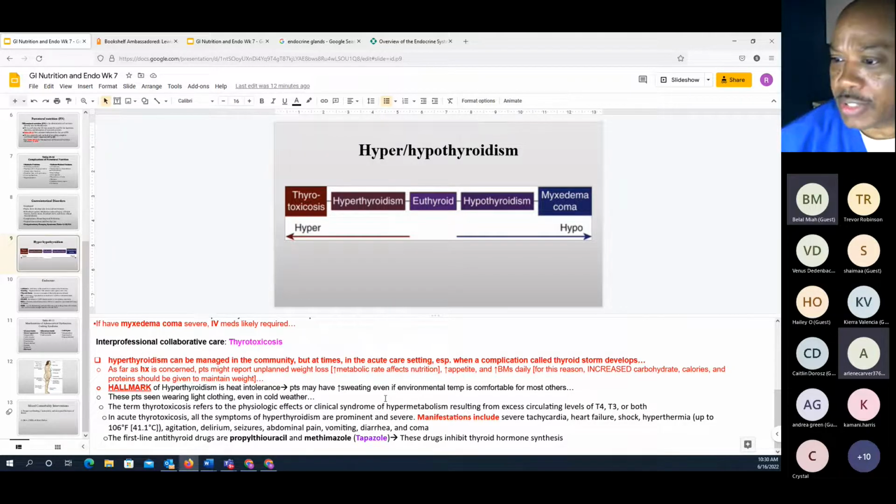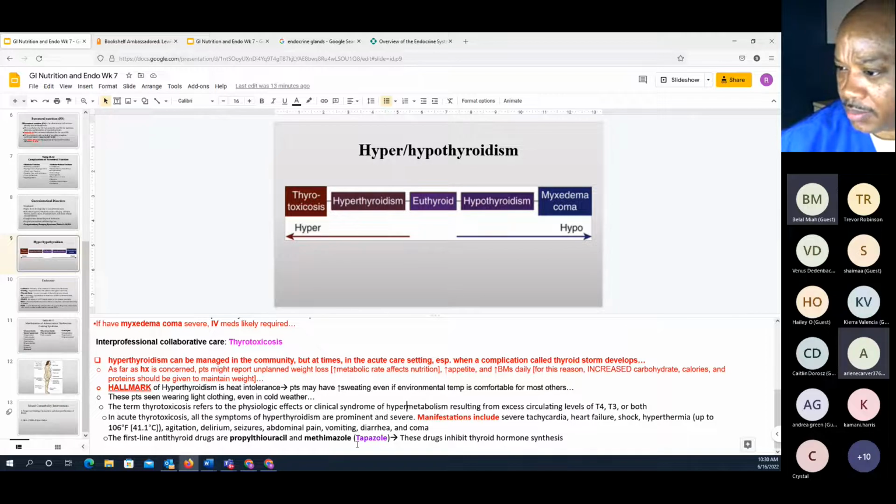Take a look at some of the symptoms you might see in these patients: increased bowel movements, increased appetite because you're burning up everything, unexplained weight loss. But there's weight gain in hypothyroidism, because you're not really burning; the metabolism is very slow. I told you about that. You have all this increasing thyroid hormones.